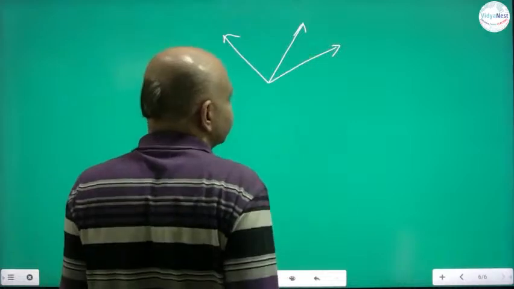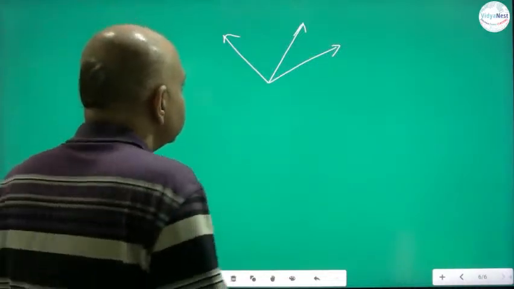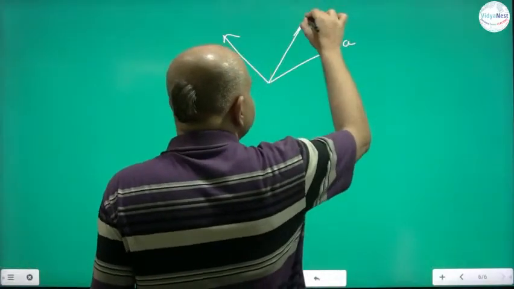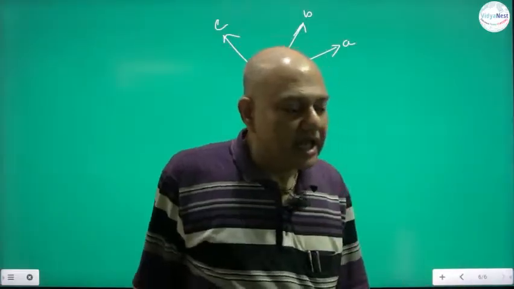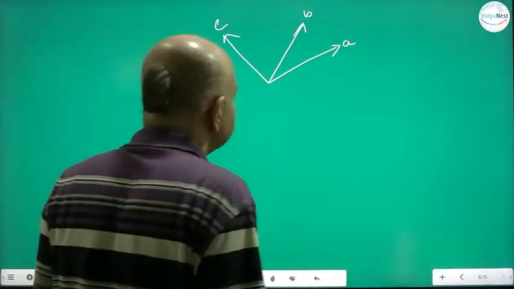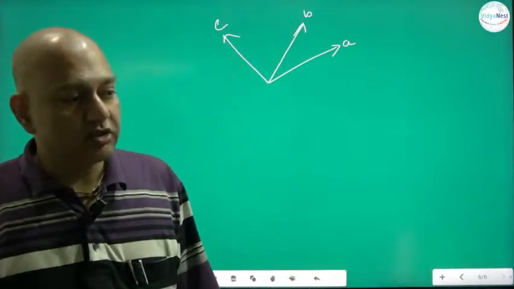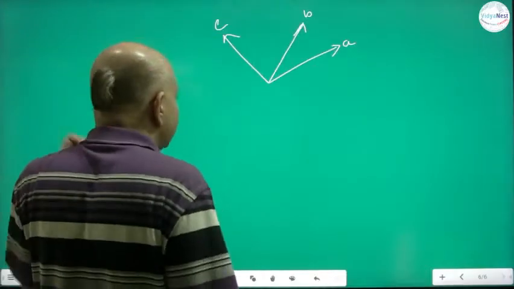Three vectors are there: vector A, vector B, vector C. I have to get the addition of the three vectors. You understood the question. Okay, very good. Now see what to do from here.